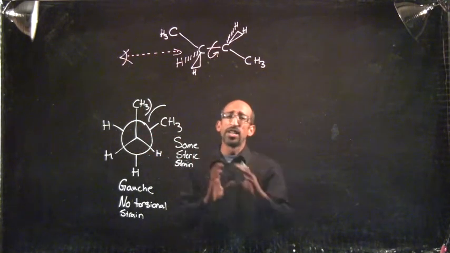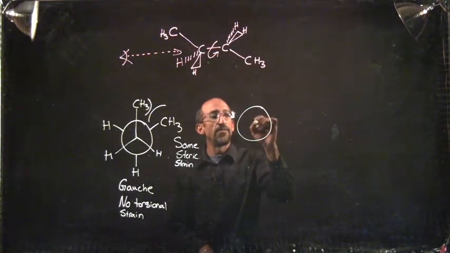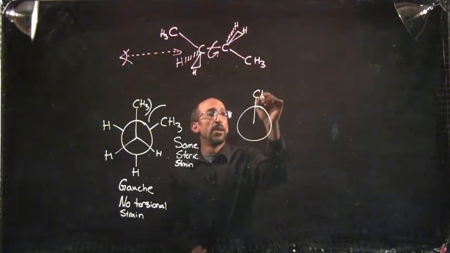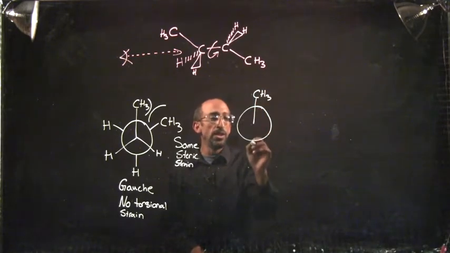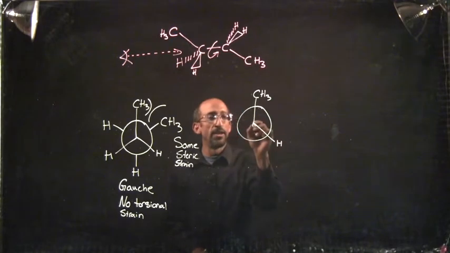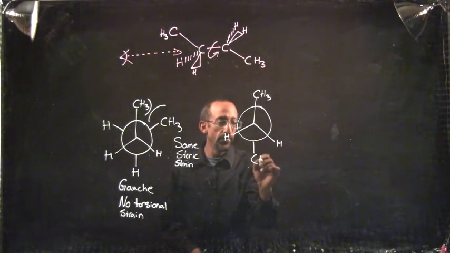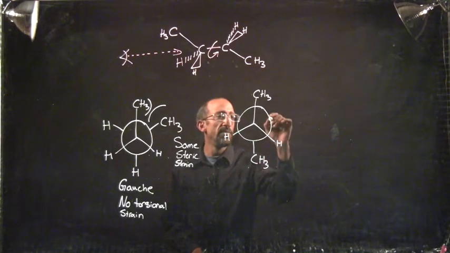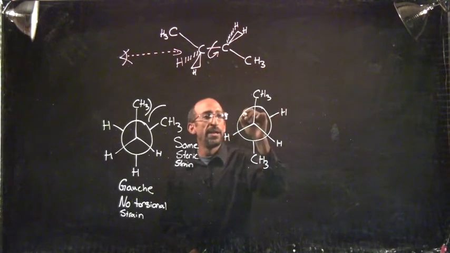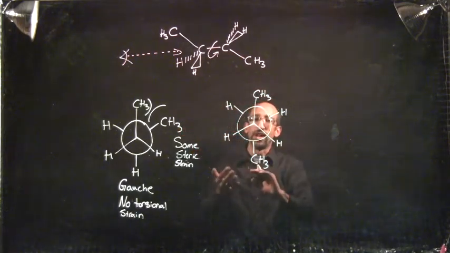Finally, let's take a look at the anti-conformation. In the anti-conformation, we place the 2 bulky groups completely opposite each other in the Newman projection. And so now our 2 methyl groups are completely opposite each other.